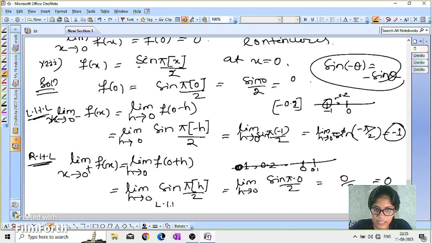Limit does not exist since left hand limit is not equal to right hand limit. So the function is discontinuous.